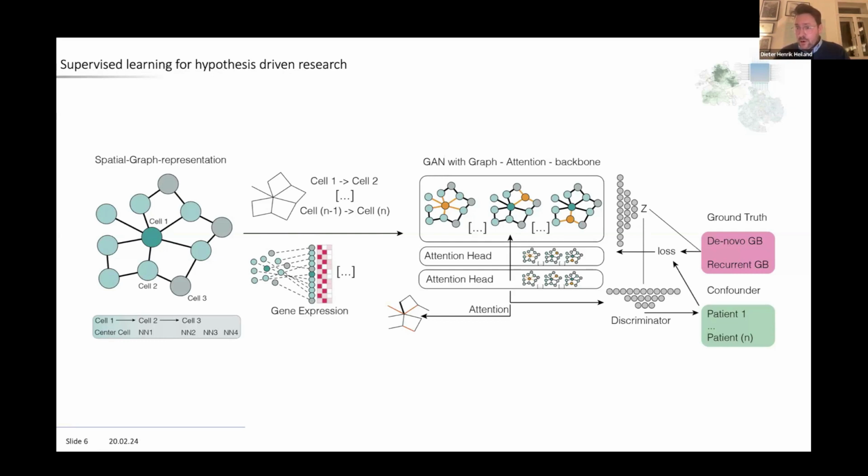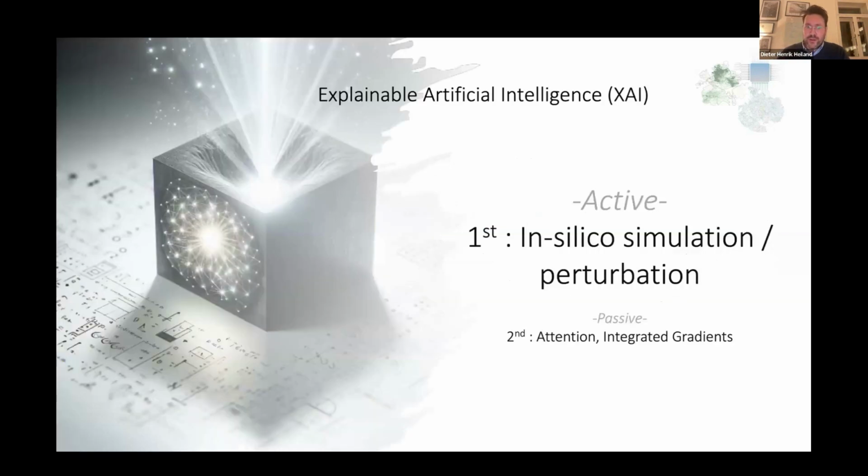Having now a network that can validate and score each neighborhood, whether it comes from a primary or a recurrent tumor, we can then use tools which we summarize as explainable AI technologies to look into the network and understand what decisions were made by the deep learning approach to differentiate these different temporal stages of the tumor.